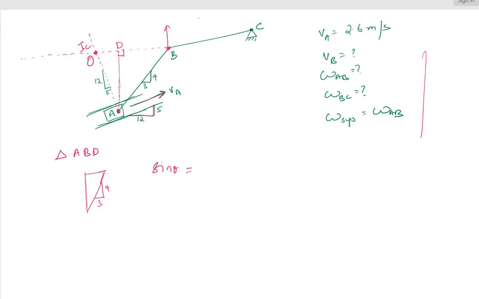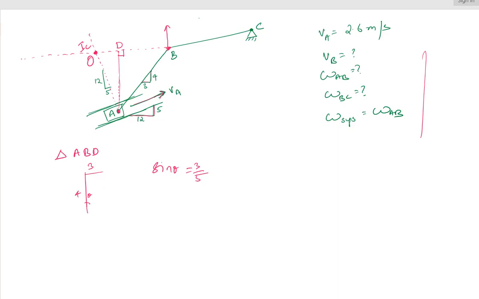Instead of giving that, I'm going to do it like this. So that'll be 5, that'll be 4, I'm going to make that 3. So sine theta would be 3/5. The slope of this is 4, and here, let me go into a little bit of detail.